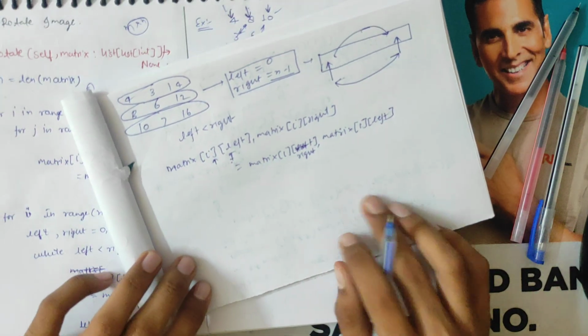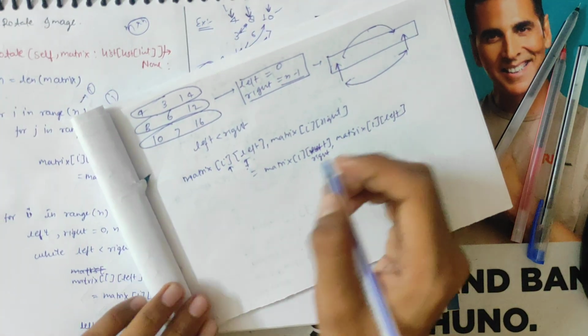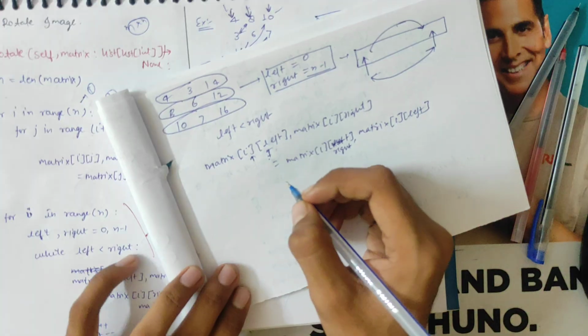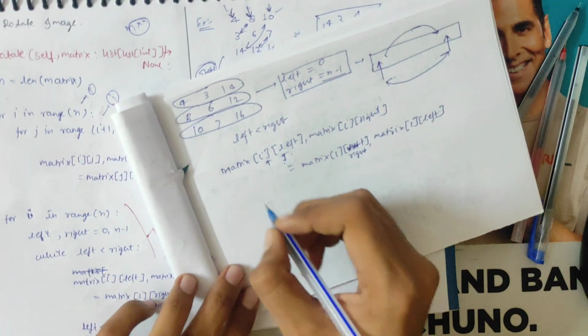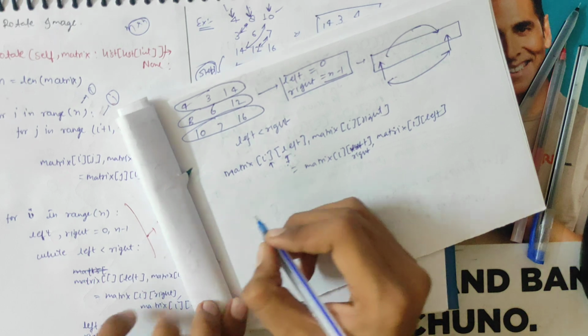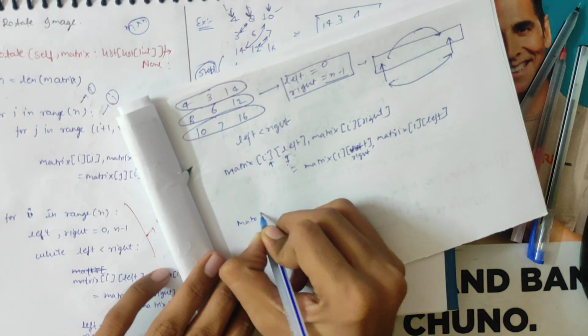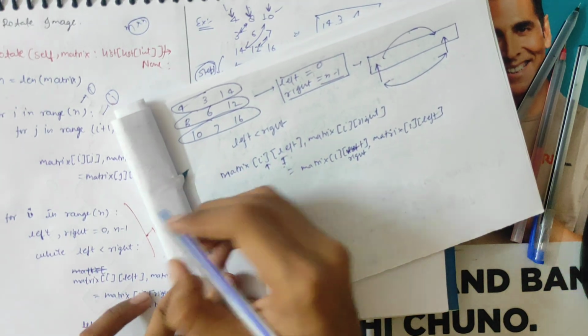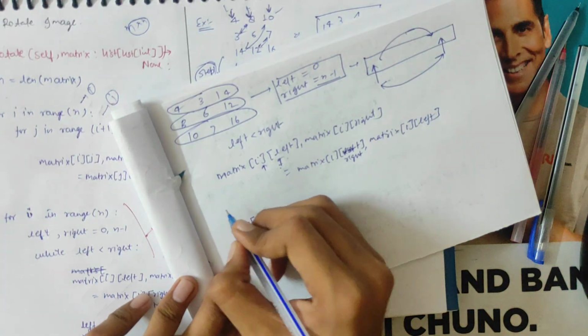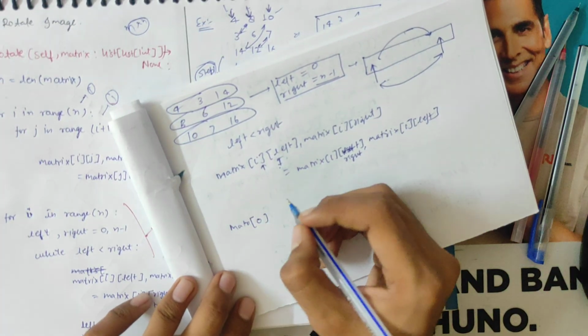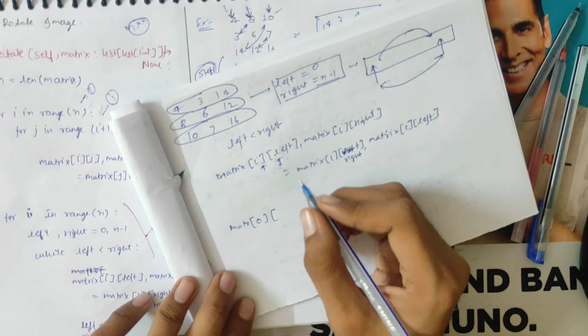So here we go. First we take matrix, i is 0 first, because i will start from 0 and go up to 2, and left is 0.